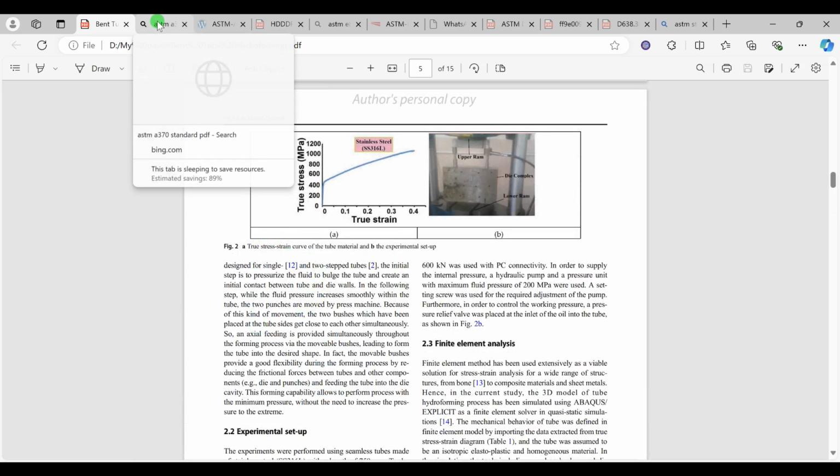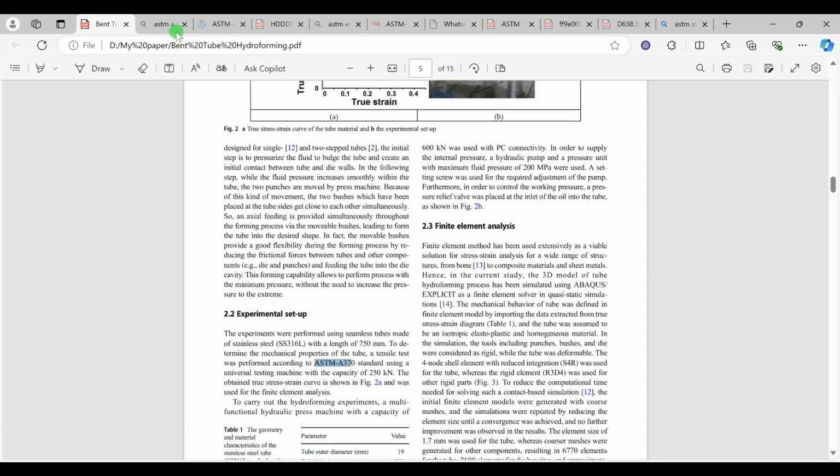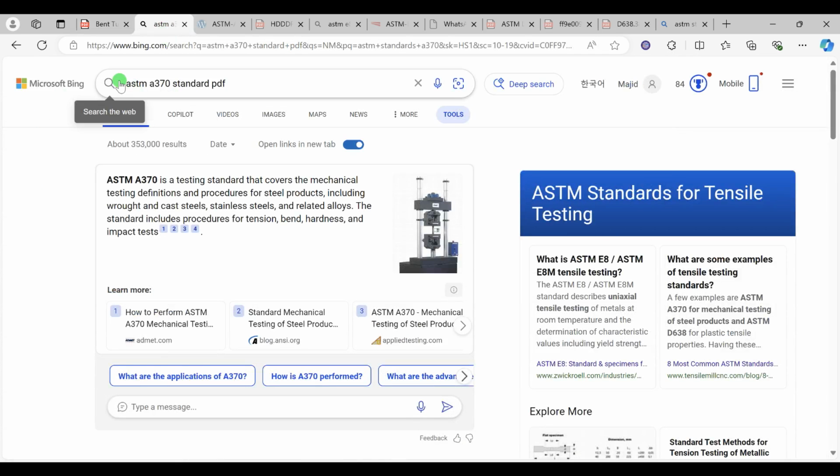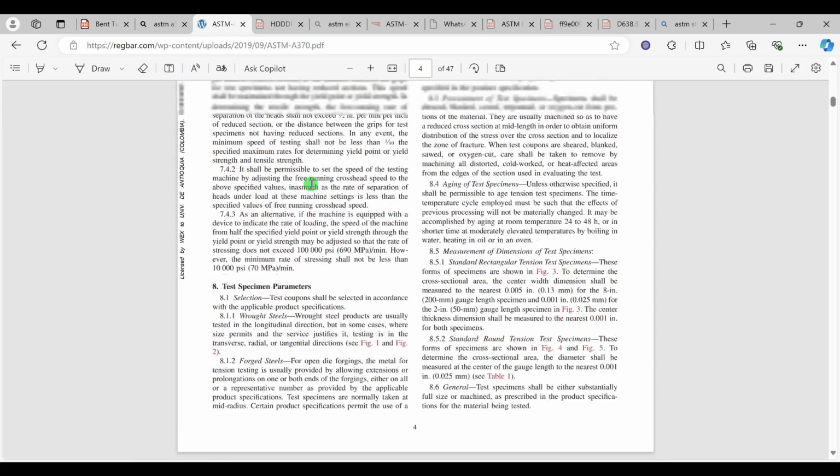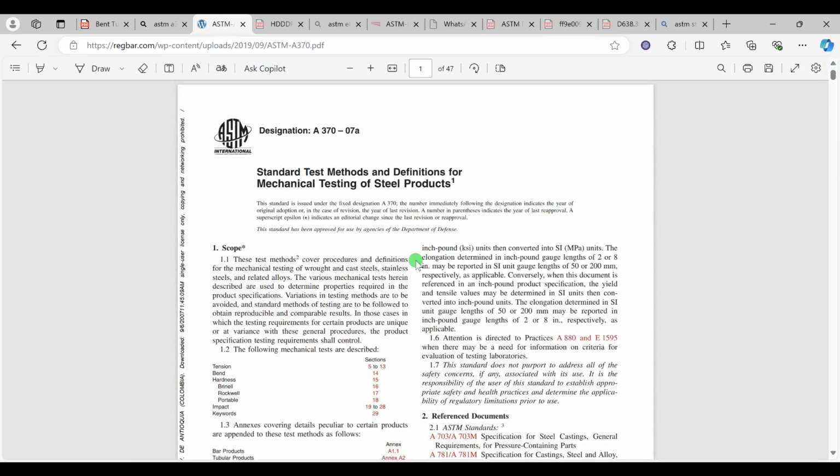So how can we find this standard? We can easily search for the ASTM A370 standard PDF. In the PDF you can find a lot of information about how you can make a dog bone, what the dimensions of the dog bone should be, and so on.